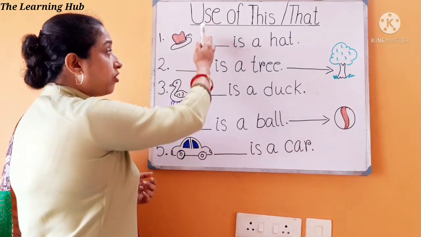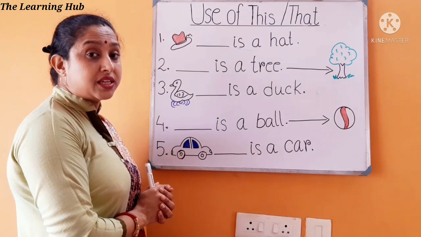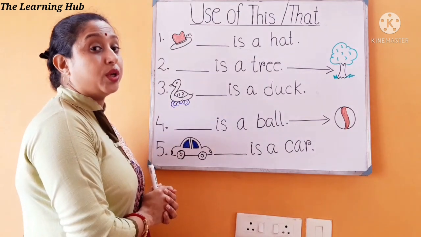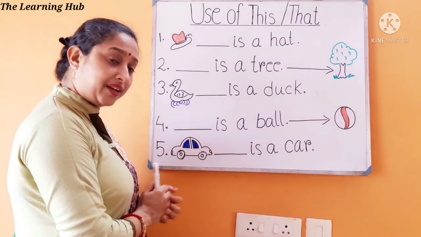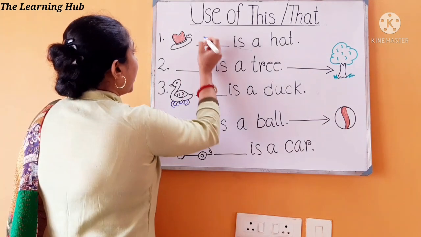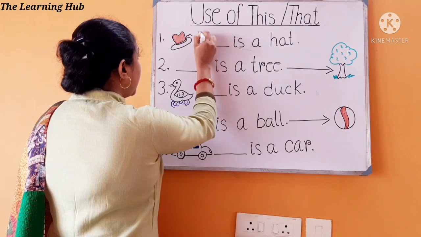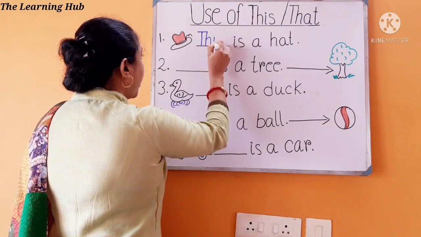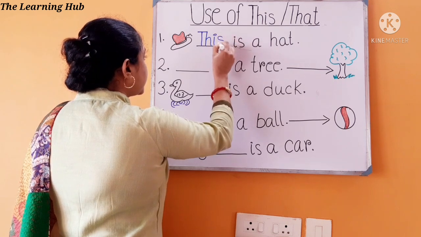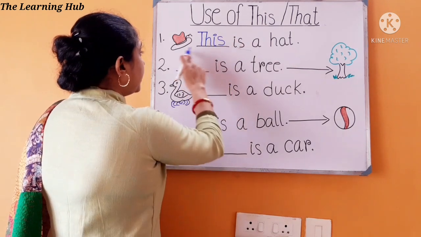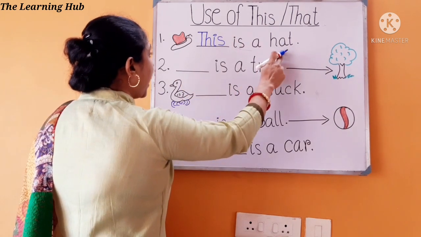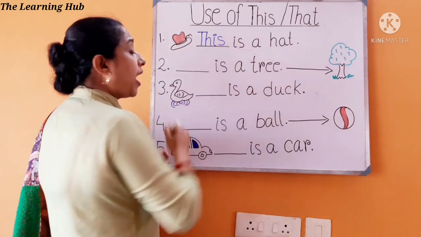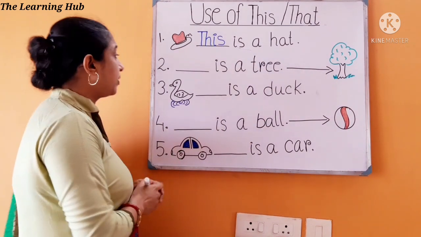So what should I write over here? When something is near to us, that time we have to use this, right? So here I have to write this. T-H-I-S. This is a hat. यह एक hat है.